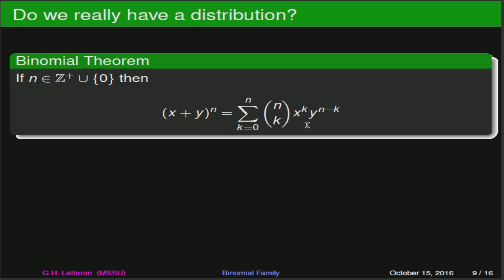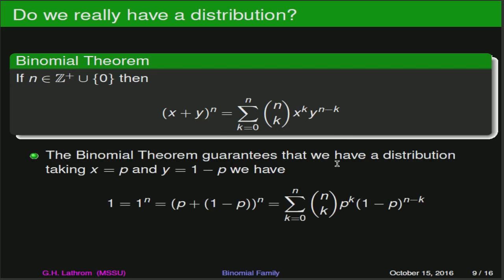In my particular case, x is equal to p, y is equal to 1 minus p. When I plug those into the binomial theorem, I have 1 to the n power, which is just 1, and that is my summation. And so sure enough, the probability of my entire sample space is 1.